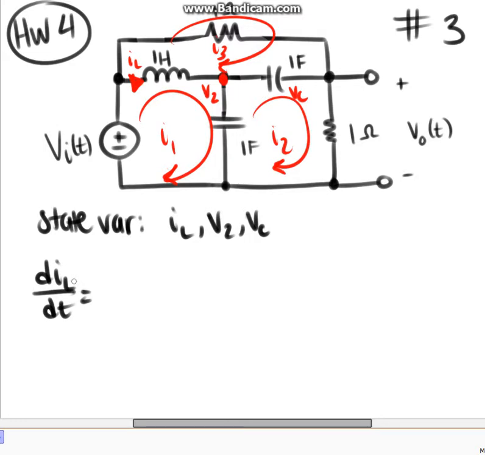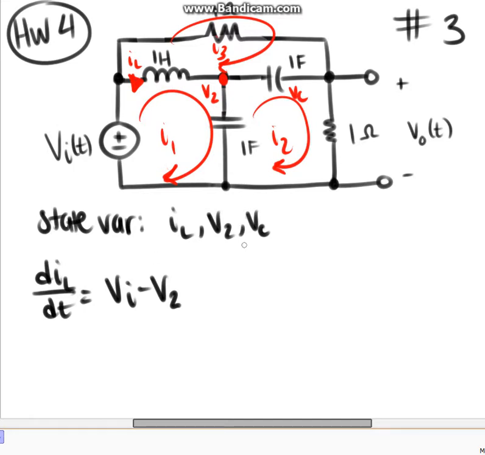The voltage across the inductor is related to the change of current. We know that the voltage across the inductor has to be the voltage difference of the input voltage and V2, so we write that. We also know that the current passing through a capacitor changes with respect to voltage.